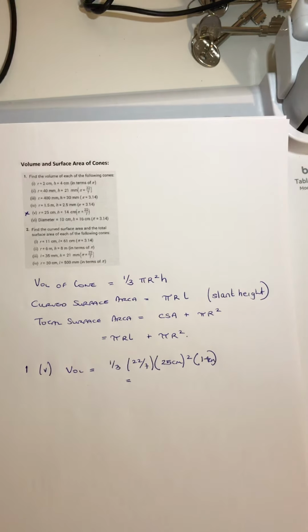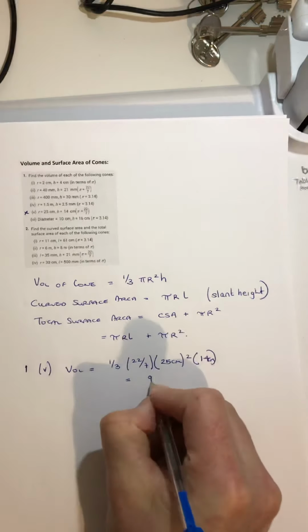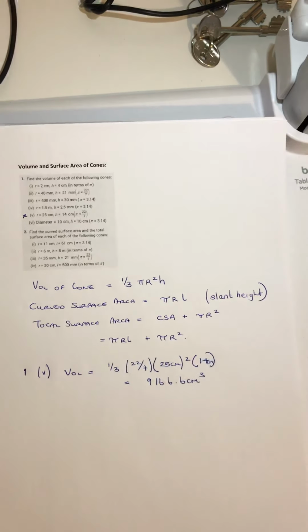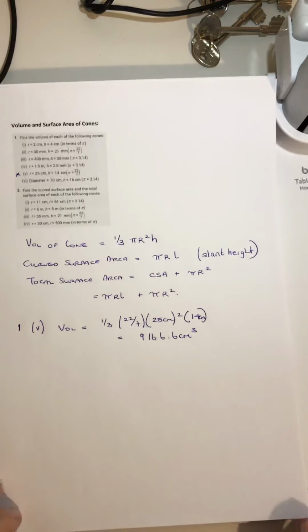So on your calculator, and you get 9166.6 centimeters cubed. So that's for volume.